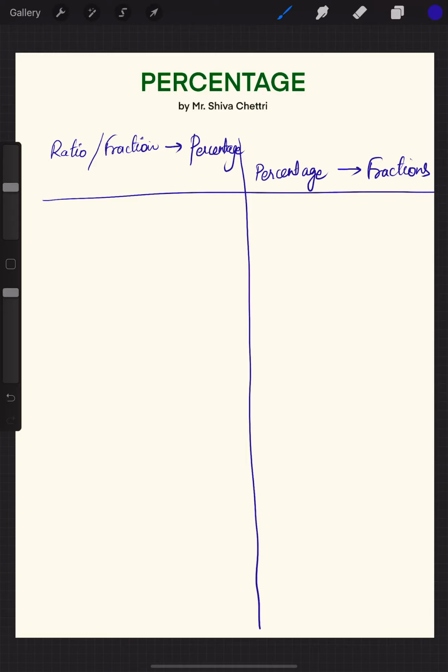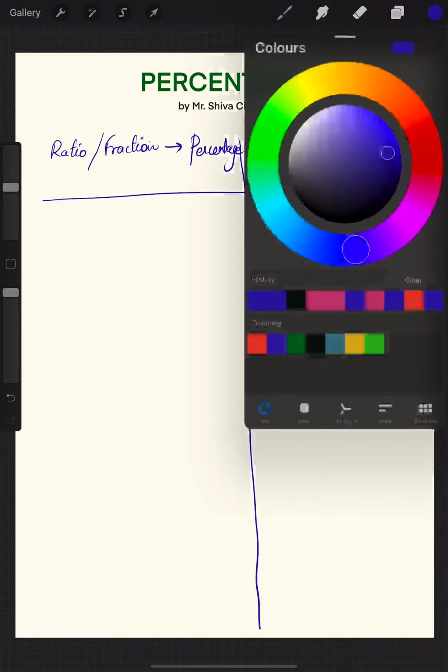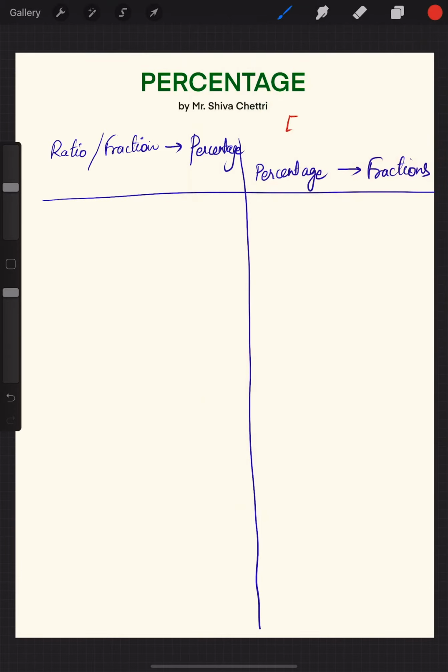If you clearly look at this, you can easily relate how we do that. For that we'll directly move on to the exercise part, that is exercise 5f. For this I'll try question number 1, that is 83 is to 100. This is a ratio. So how do we write this? 83 out of 100, which means it is 83%.